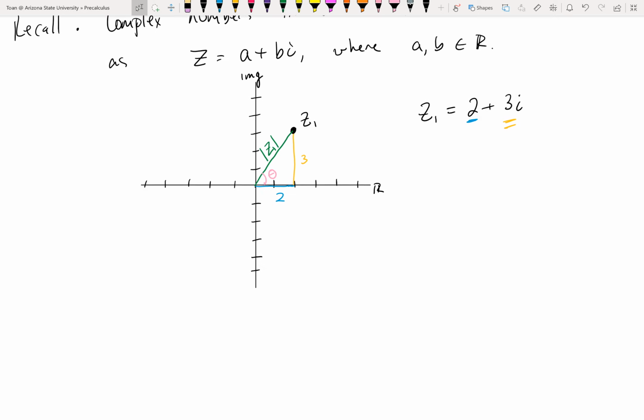So, let me just go ahead and write this formally. In the context of complex numbers, the r is called the absolute value, or the modulus of a complex number.